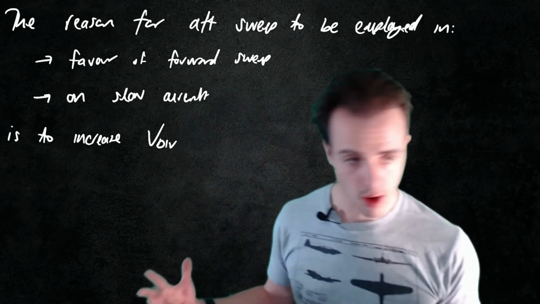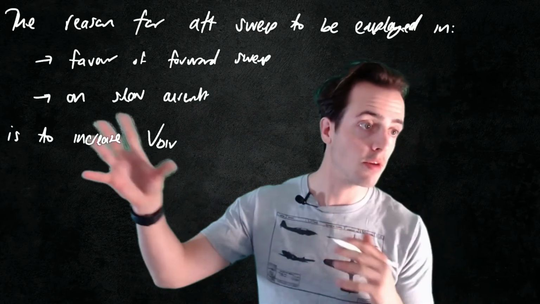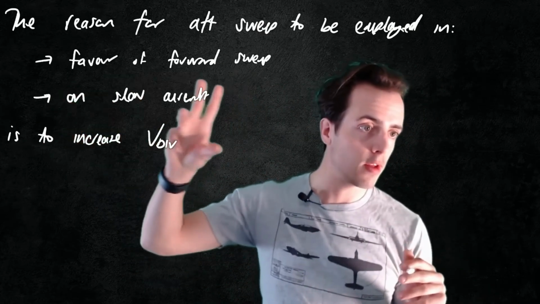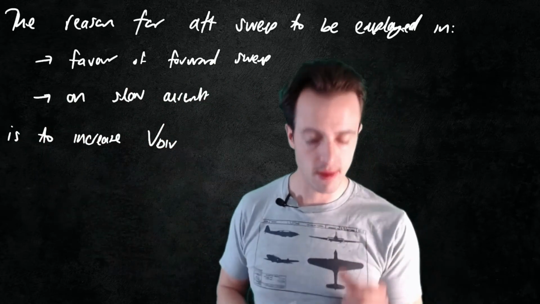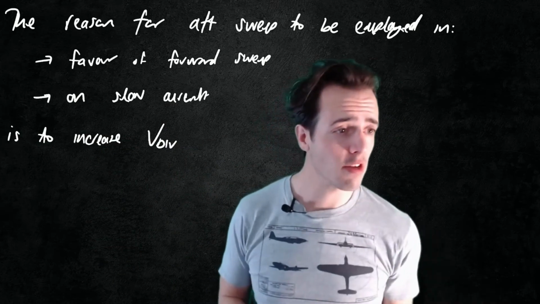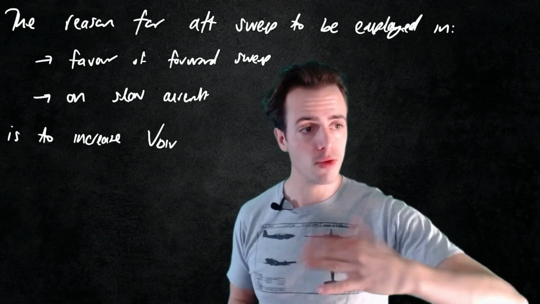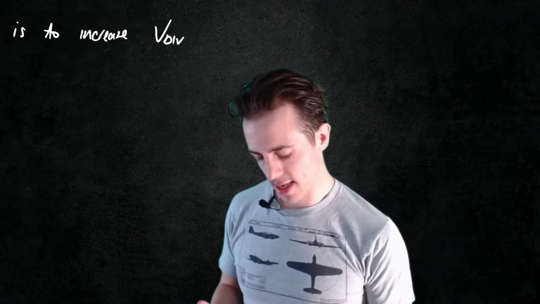So the reason for aft sweep to be employed on aircraft, in favour of forward sweep, on slow aircraft is because it increases divergence speed. So let's think about why. We're going to remember that our aircraft wing is capable of both torsional twist and bending, and we'll see that sweep introduces a coupling between those two.